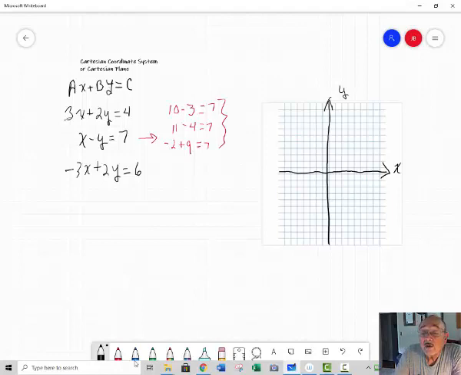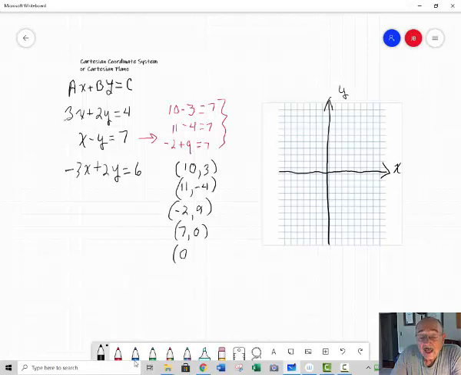So 10, negative 3 is one of our numbers. 11, negative 4 is one of our numbers. 2 and 9 would be a pair that works. 7 and 0 would be a pair that works. 0 and negative 7 is a pair that works. Remember that 0 minus negative 7 does in fact equal 7.